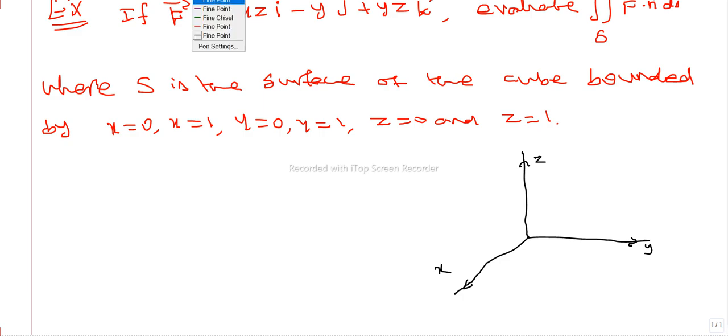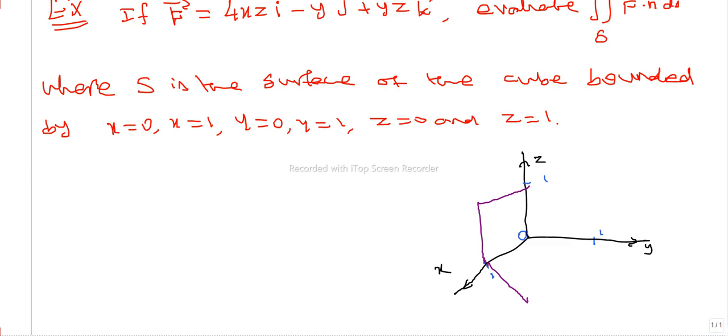So x ranges from 0 to 1, y also varies from 0 to 1, z also varies from 0 to 1. If you plot the picture, you can see that the maximum z value is 1, and you will get some cube.